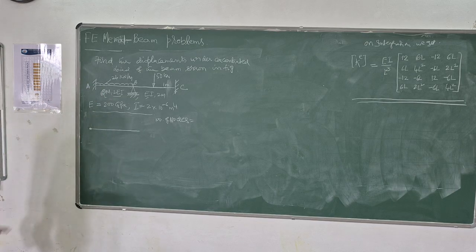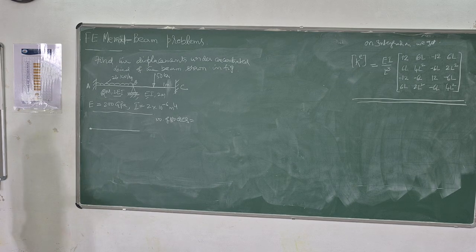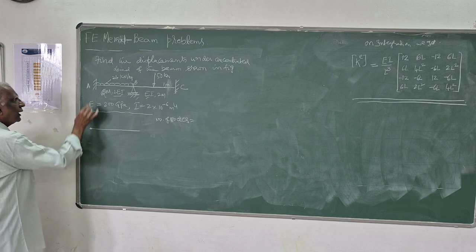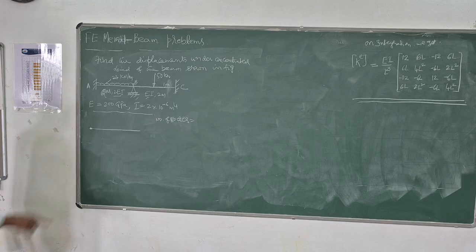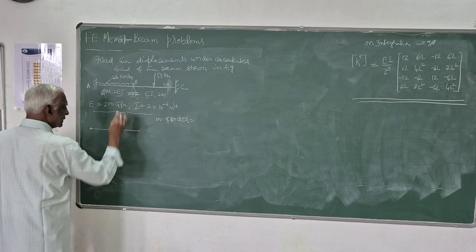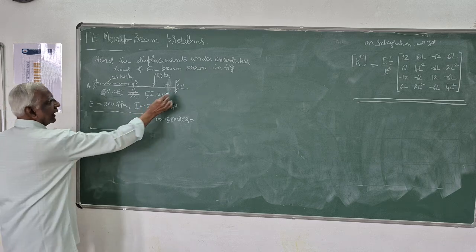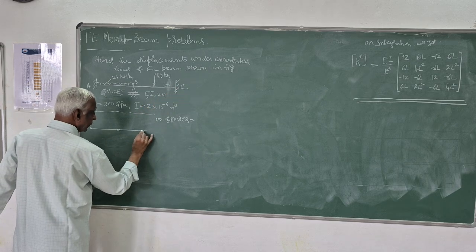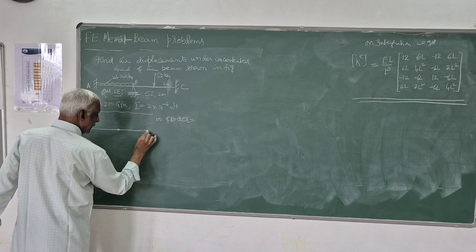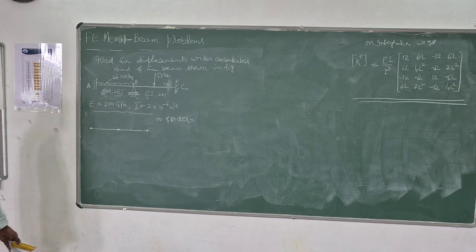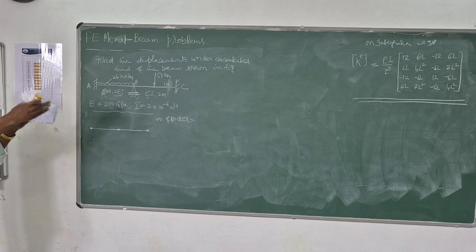We have to select a node at the boundary as per our finite element method, which I just explained in the earlier classes. Always we have to select a node at boundary. This is one boundary, this is another boundary, I have to select a node there, and this is the third boundary, I have to select a node there. 3 nodes are a must because they represent the boundaries of the element.